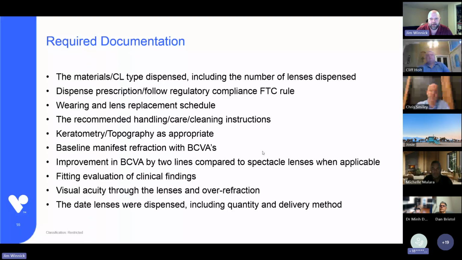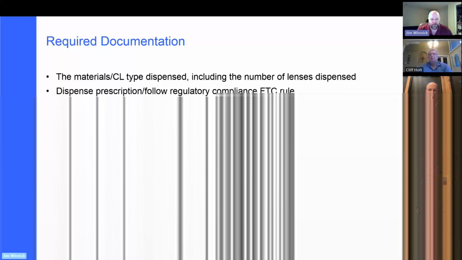Material types, what you dispense, trial lenses as well as final lenses with dates, replacement schedules, handling, care, cleaning, all the stuff that we do, but we're not always good about documenting. And there's not as many checks when it comes to our general patients, but there's pretty stringent checks if somebody's looking at what you're doing with the visually necessary contact lens programs. So be thorough with your documentation.